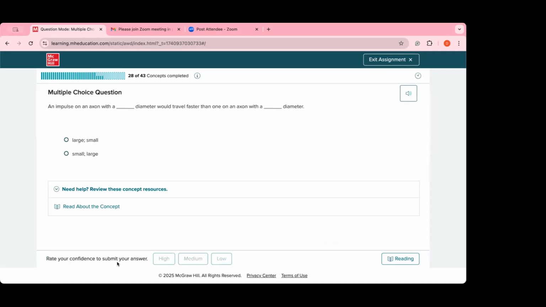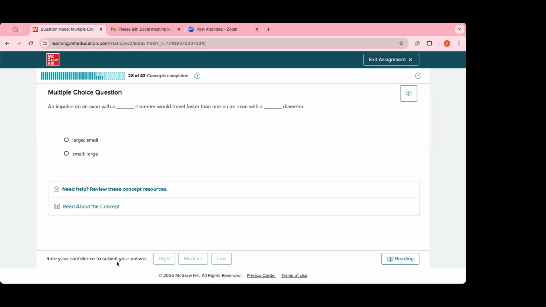An impulse on an axon with a diameter. Larger conduction of impulse in axons with larger diameters is seen.